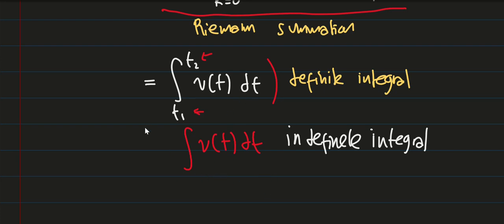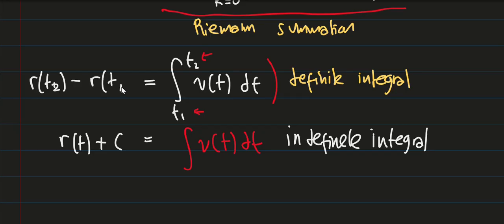For the indefinite integral we just get r(t) plus some constant of integration c, but for the definite integral they are like this as before, and this extends to vectors or higher dimensional vectors.